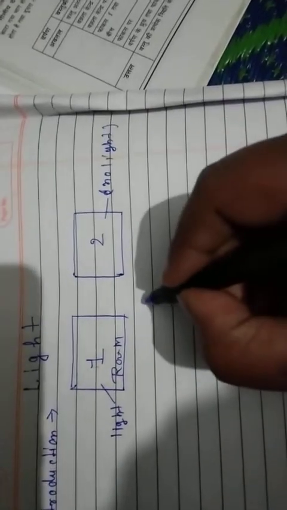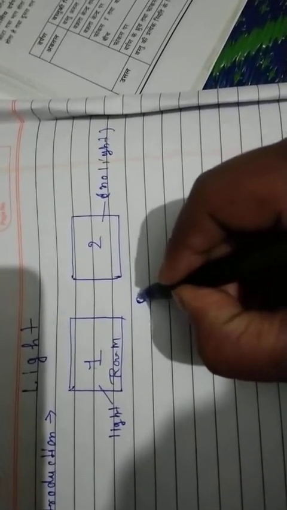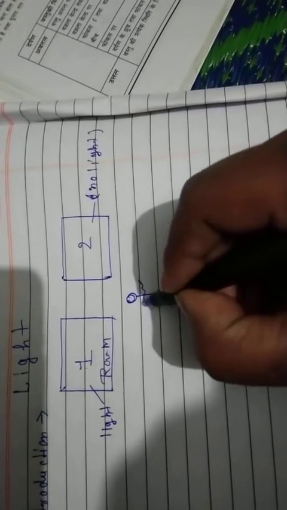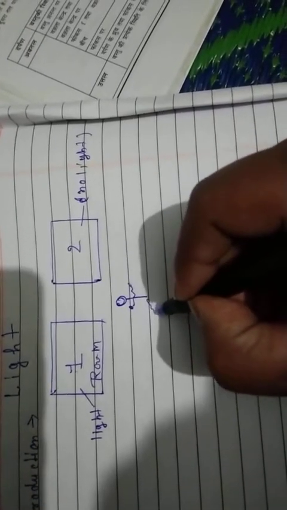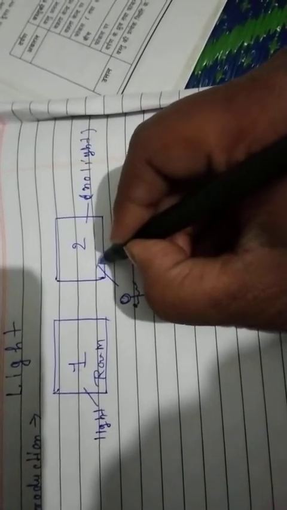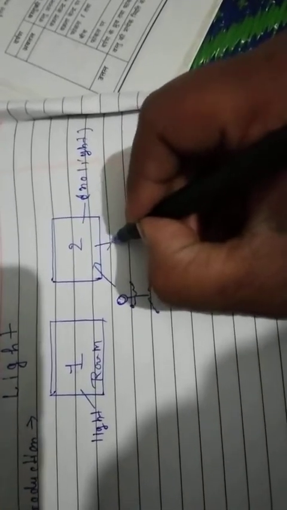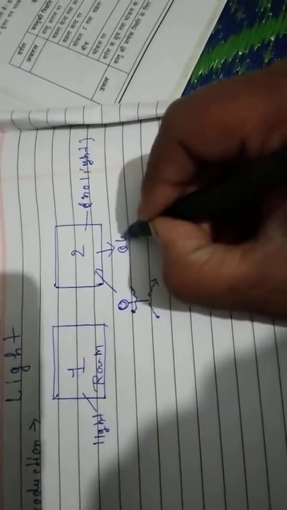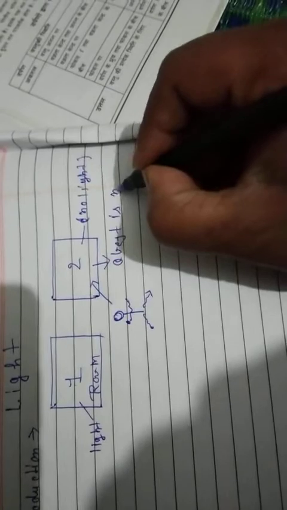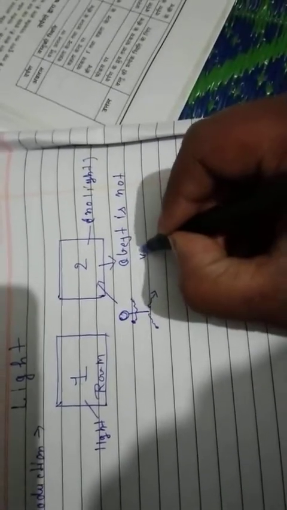And if any person enters room number 2, here objects are not visible.